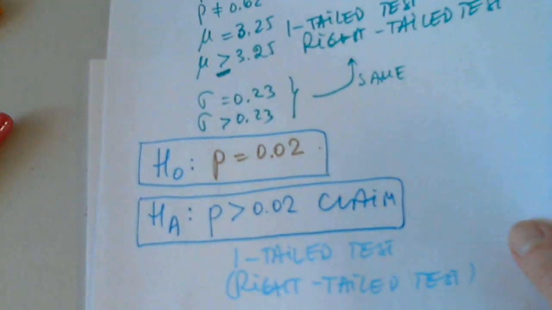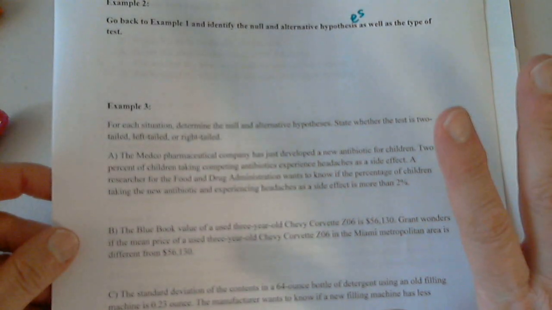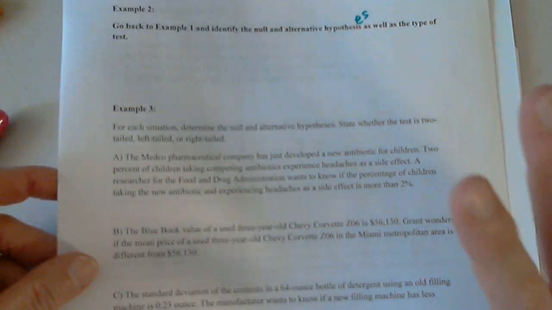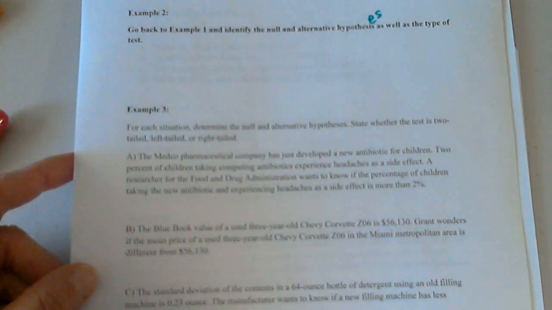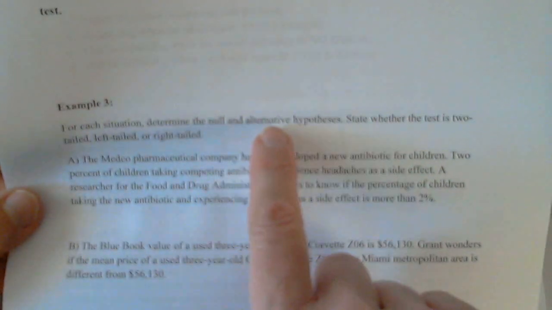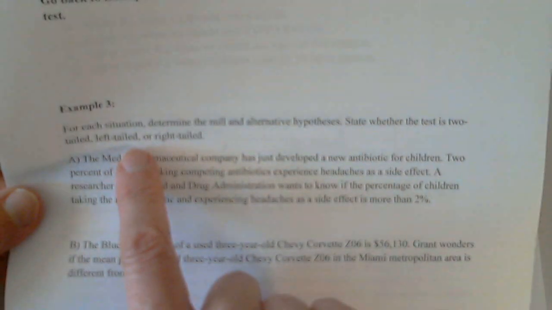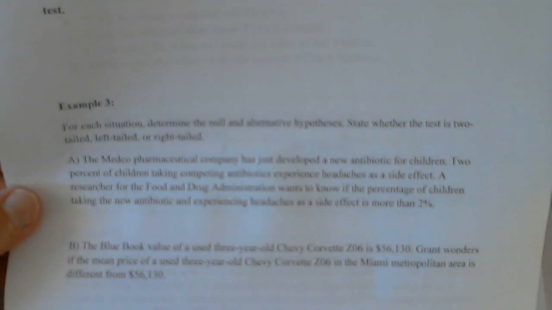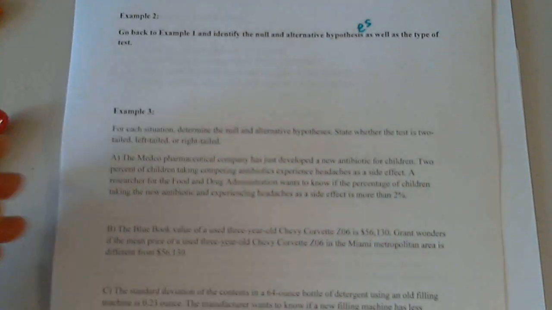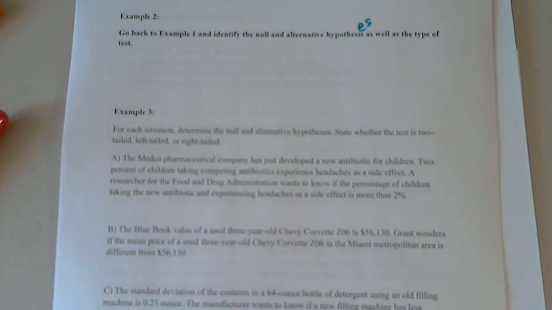Those are the answers for those questions. Those are considered done. We don't have to do anymore, for now. Oh, there is more, much more work. For now, we are only asked to determine the null, the alternative, and state whether the test is a two-tailed test, left-tailed test, or right-tailed test. The calculations come in the next two sections, a lot of calculations.